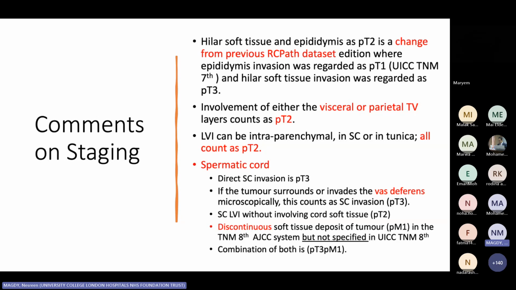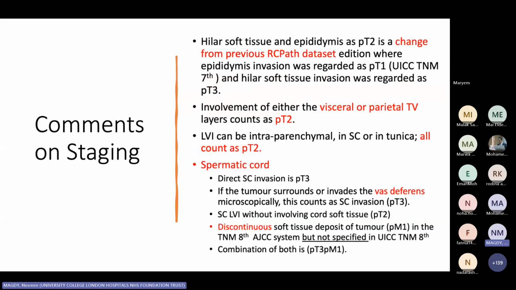For the tunica vaginalis, it's very important to know that invasion of either layer, visceral or parietal, counts as stage 2. Lymphovascular invasion can be seen intraparenchymal, in the spermatic cord, or in the tunica, and whatever the location, this is considered as stage 2.